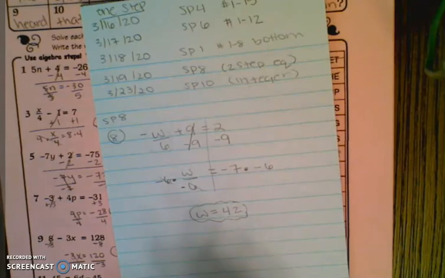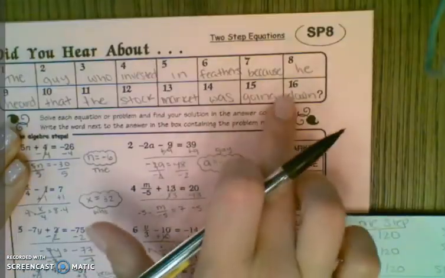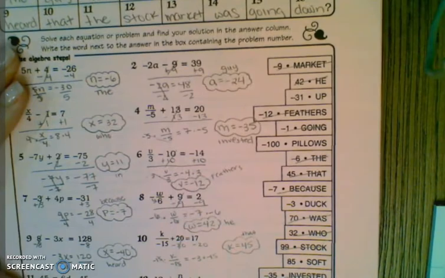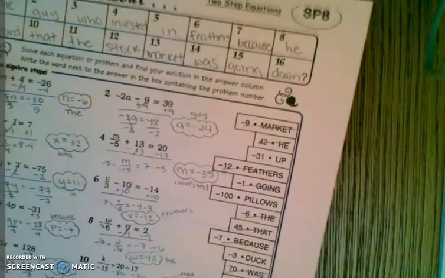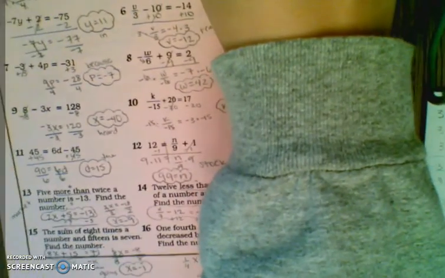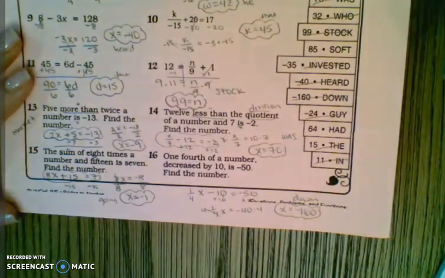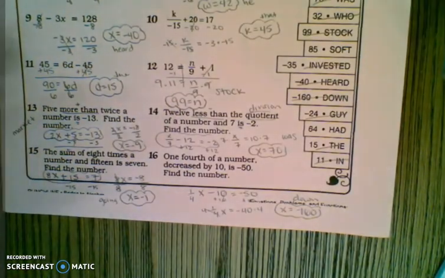Okay, some of the more tricky ones, again we're still on SP8, were the word problems at the bottom, because you had to not only find what the letter was asking, you had to actually write the equation.